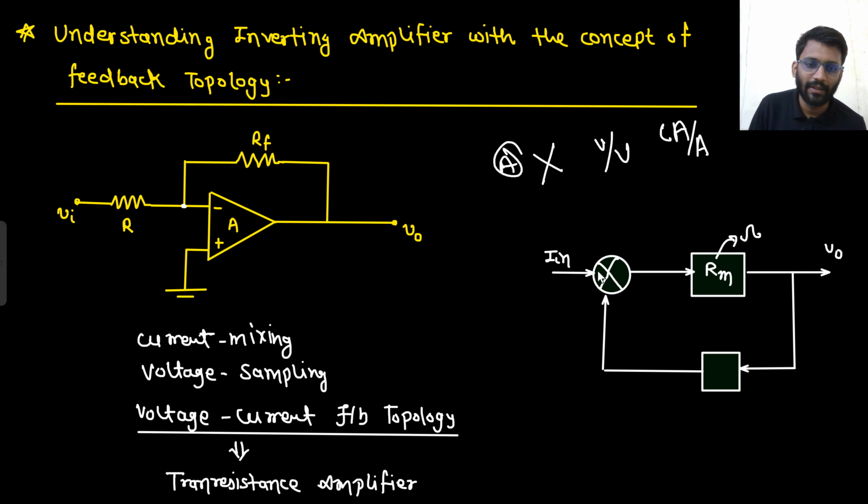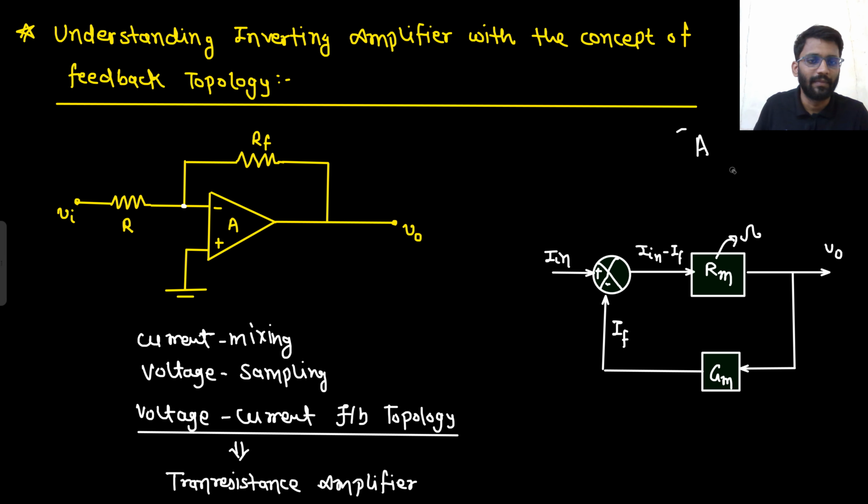If there is negative feedback, certainly there is negative feedback, so If would be coming, and here In minus If would be going. What you would write here? Here you would write Gm. So V naught will be multiplied with Gm and you will generate If. So In minus If will be going towards Rm and you will get V naught out of it. Say yes or no. Is that clear? This is the block diagram.